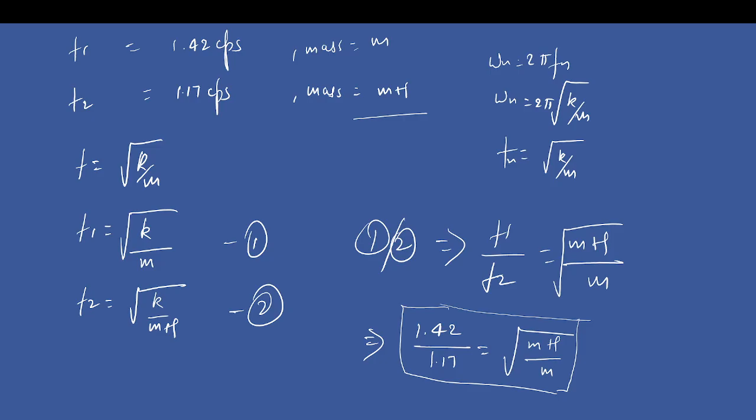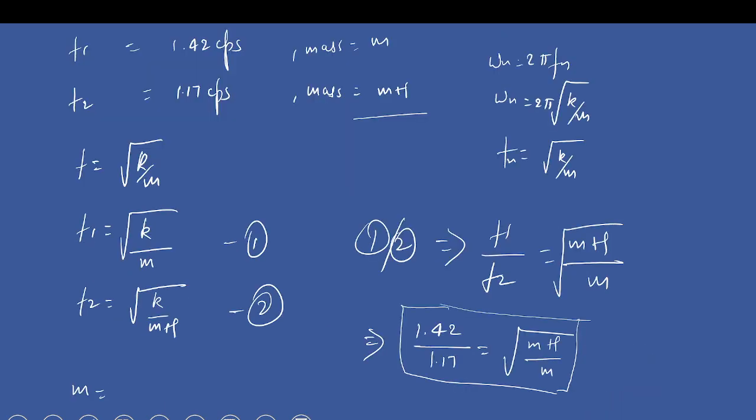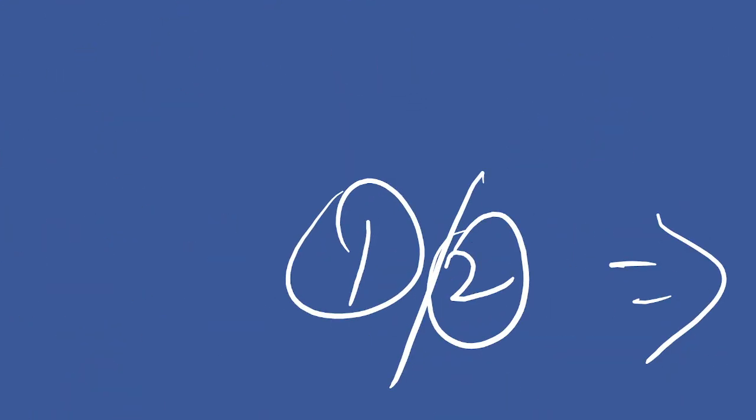I think there is some mistake. How much are you getting for m? Sir, I'm getting 0.67. How much are we supposed to have in the answer? Okay, let me check. It's coming to 0 point something.